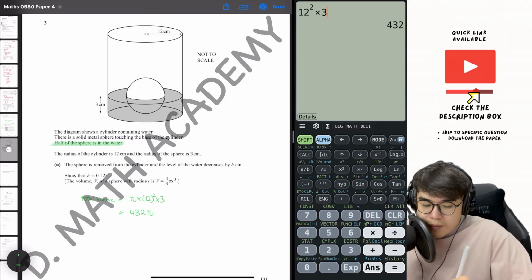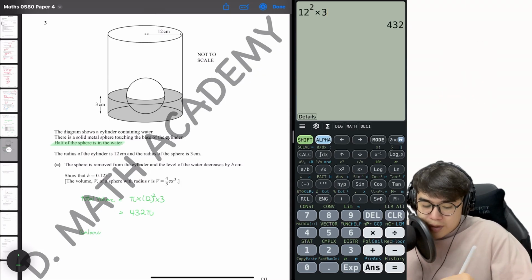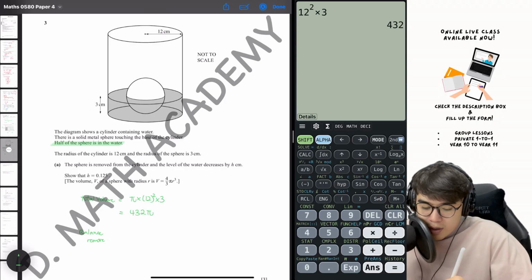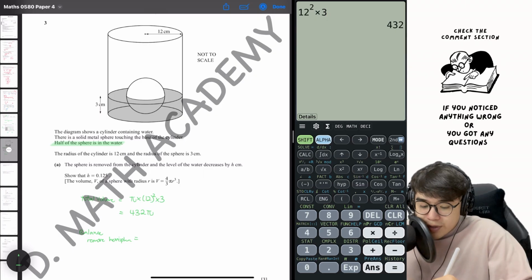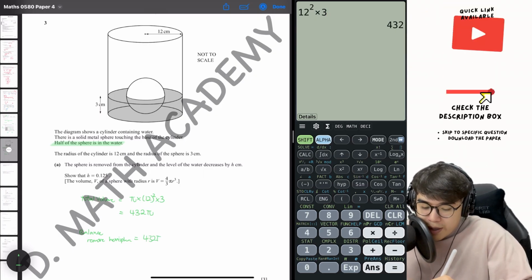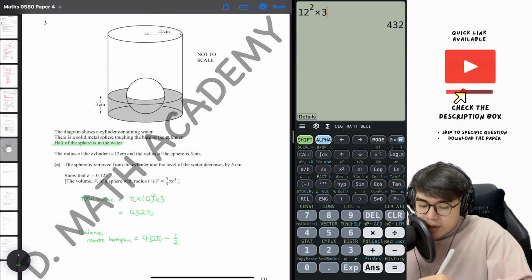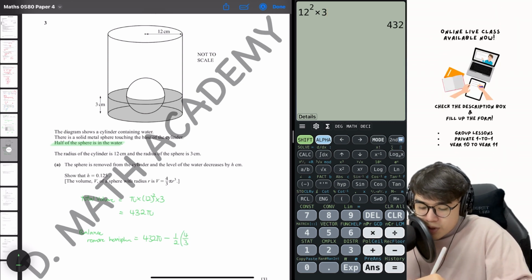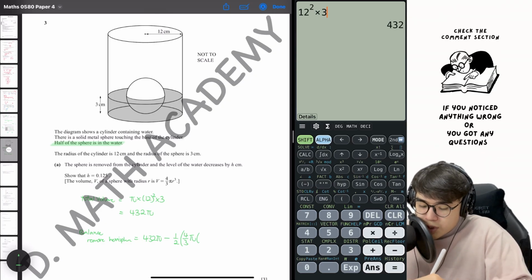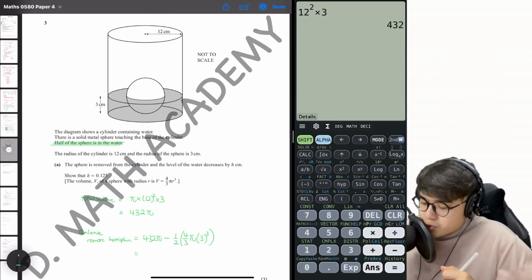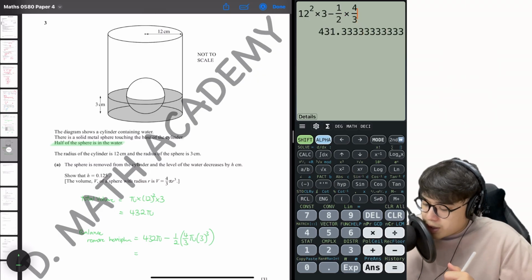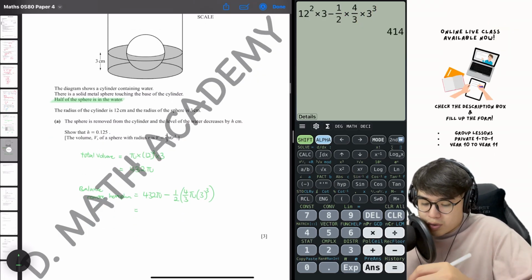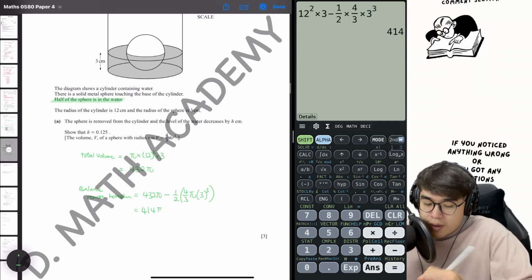So if I wanted to find the balance after removing half of the sphere, that is a hemisphere, I think I have to take 432 pi minus half of the formula given. So we have this thing and also the radius, which is 3 cube here. So I try to work it out, minus half and then 4 over 3 and also 3 cube. So altogether you will have 414 pi.